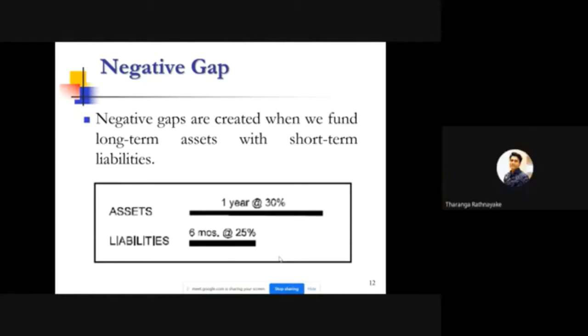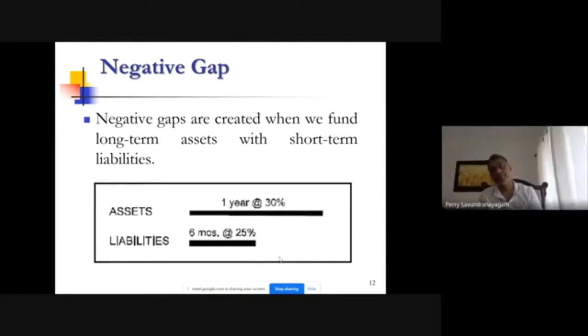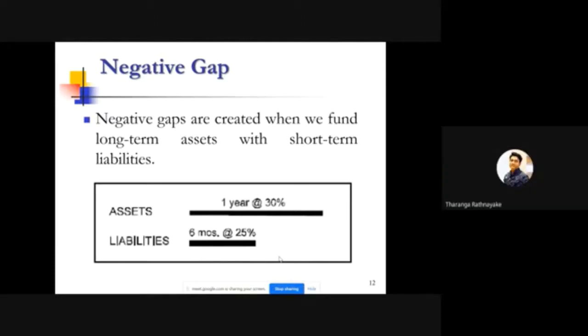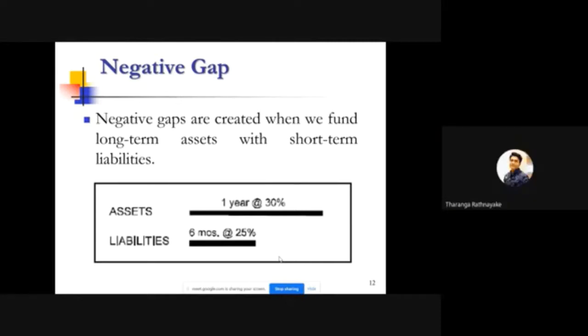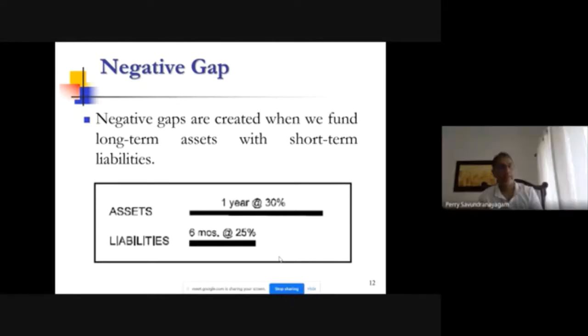Now, why would the bank create a negative gap? Why would it give a loan at 30% and take deposits only for 6 months? To take advantage of the interest rate fluctuation. Take advantage of lower interest rates in the short term.